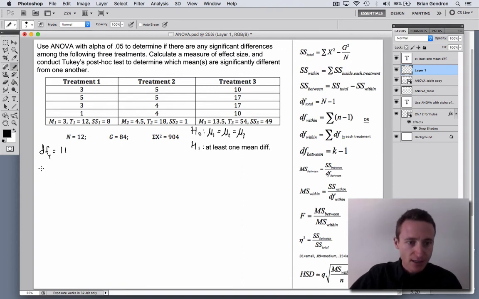Next, let's look at degrees of freedom within. I'm going to put a W for within, DFW, degrees of freedom within. The formula says essentially take the degrees of freedom in each group and add them all together. So n minus 1 for each sample.